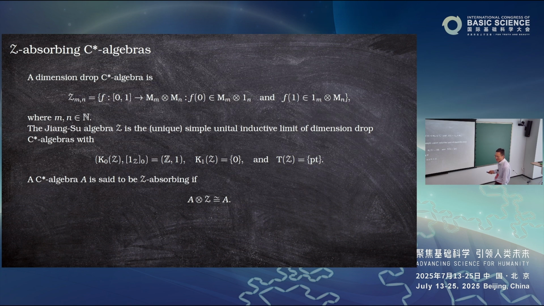If you work in the classification, then a natural thing to happen for this algebra is that A tensor Z is isomorphic to A, because they share the same value of the invariant.